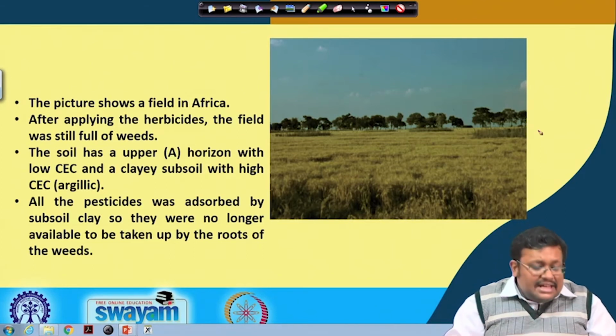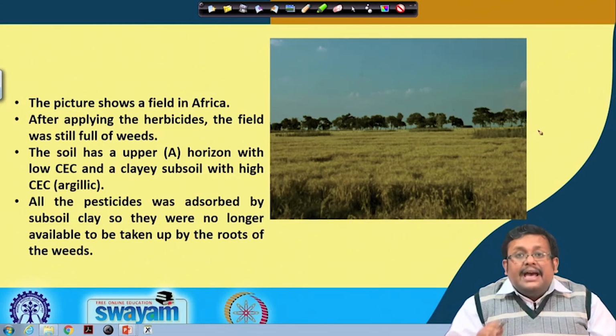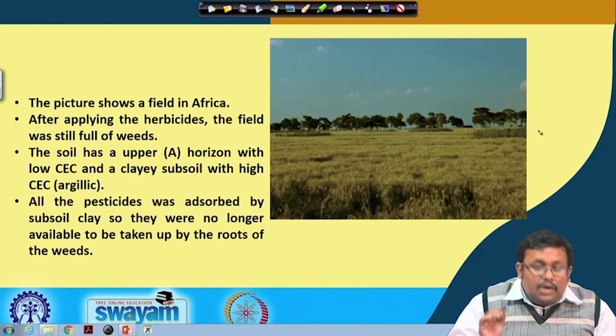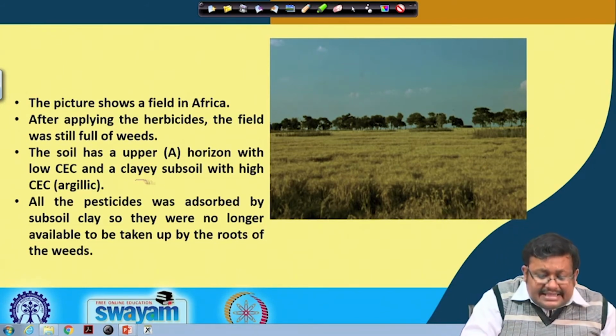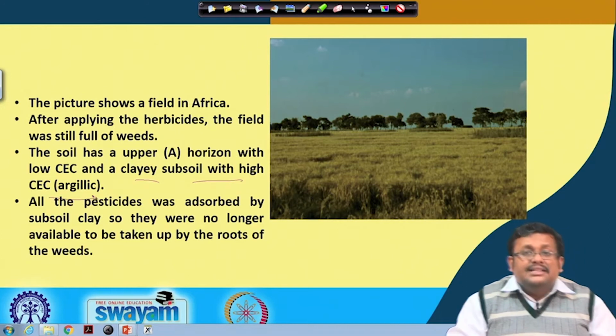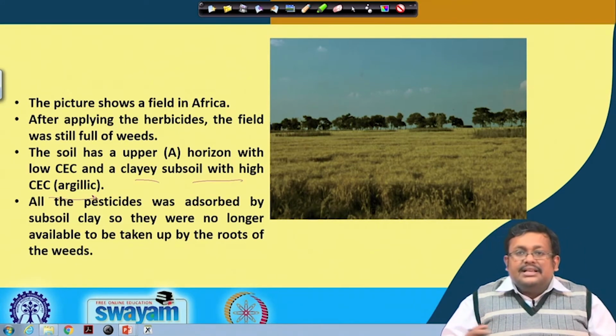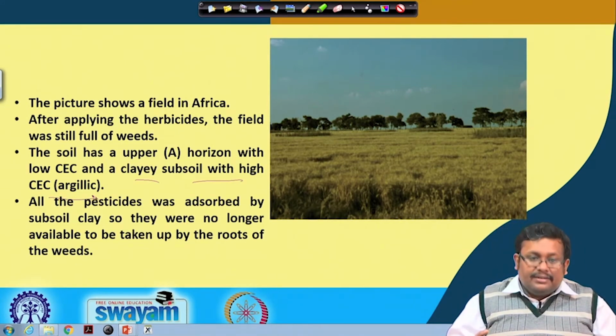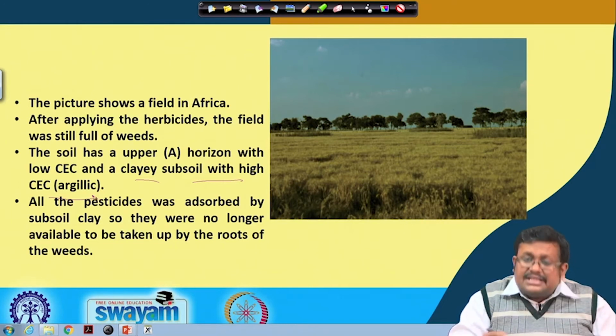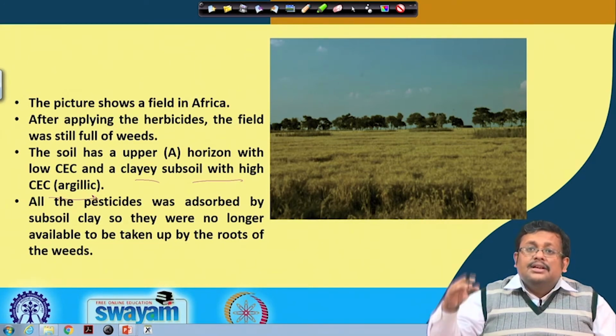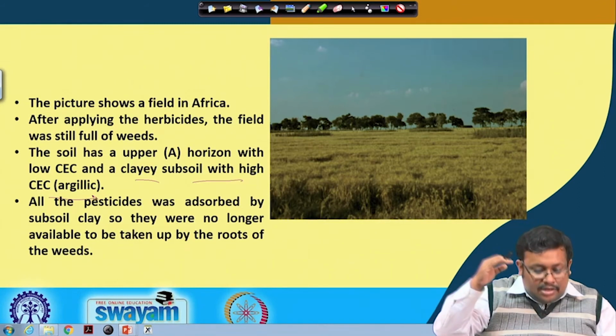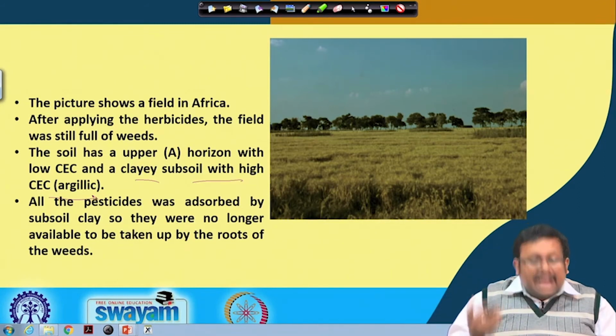So, what happens? The soil has an upper A horizon with a low CEC and a clay subsoil with high CEC, argillic. Now, what is argillic? Argillic is dominated by clay mineral. So, this soil has an upper A horizon with low CEC and a lower argillic horizon with high CEC.